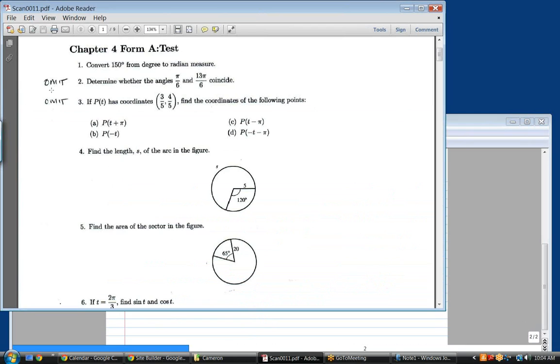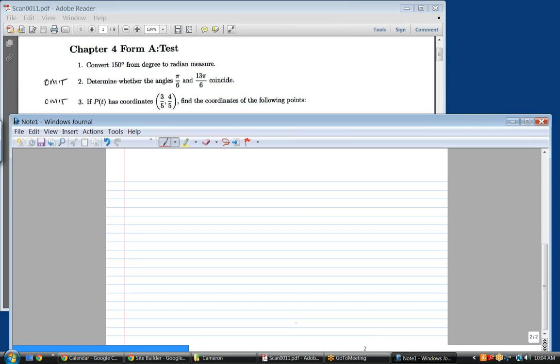You're supposed to omit these two? Yeah, he wrote those in. Is pi over 6 the same as 13 pi over 6? It's the same degrees. Well, it's not the same angle, but what they mean by coincide is, 180 divided by 6 is 30 degrees.